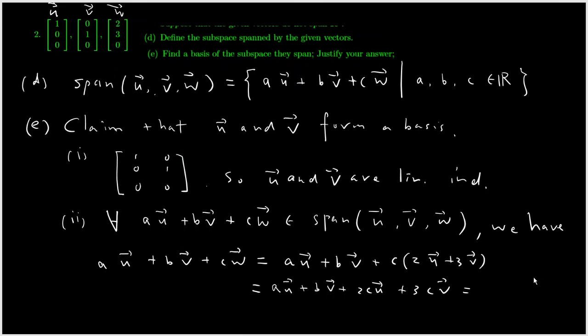By that we mean U times A plus 2C, right? And the scalar before V, I believe, is B plus 3C.